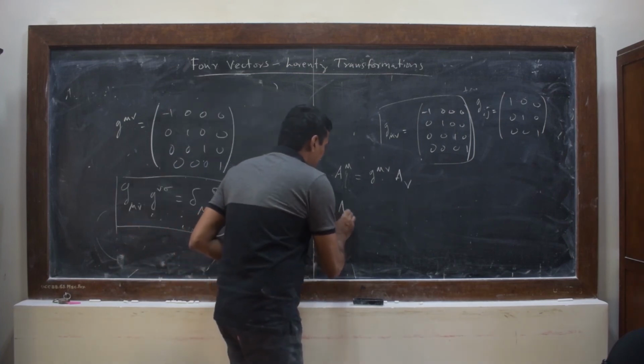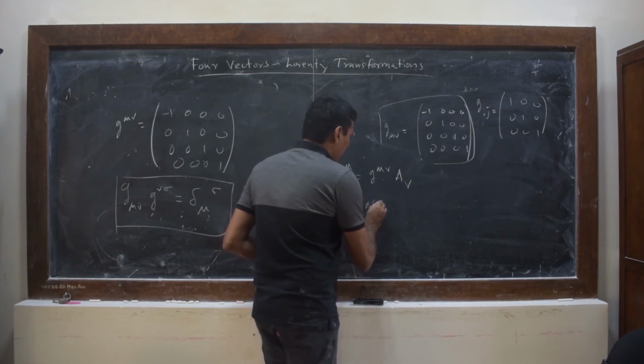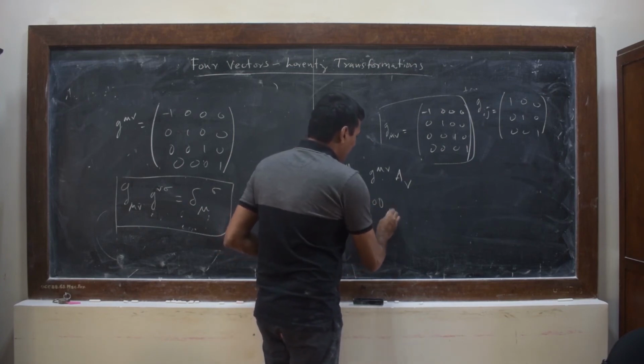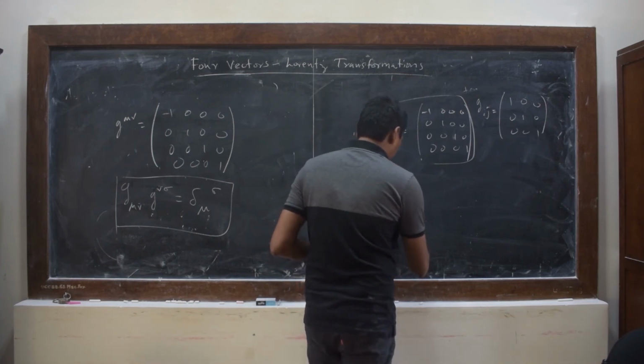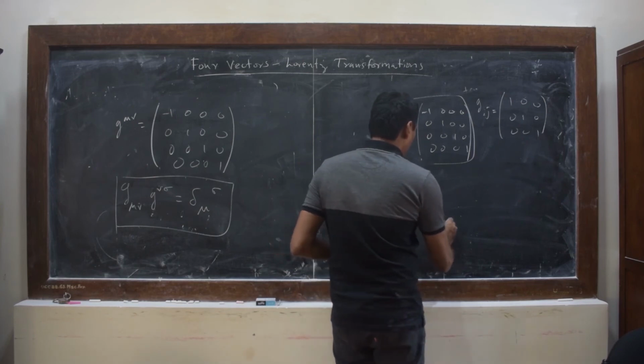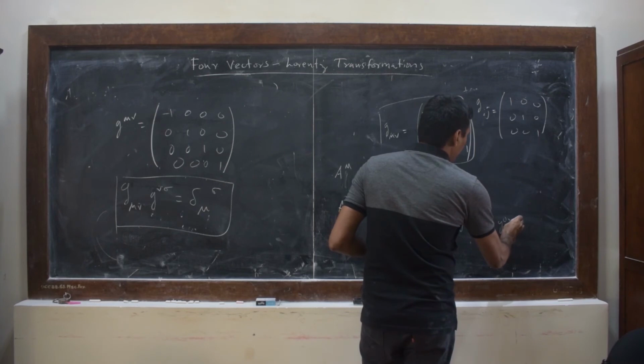So, if you want to get A0, it will be G00 A0 plus G01 A1 plus G02 A2 plus G03 A3.